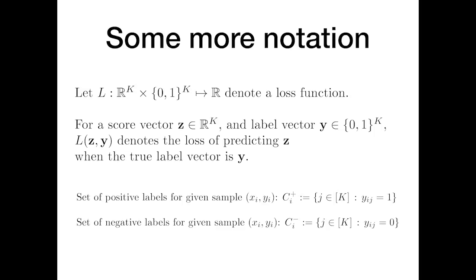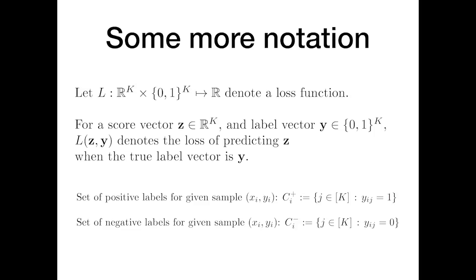Here is some additional notation. Given a sample xi, yi, I want to talk about the set of positive labels, which I'm going to call C plus I. Out of the k possible labels, it's the set where yij is actually equal to 1.